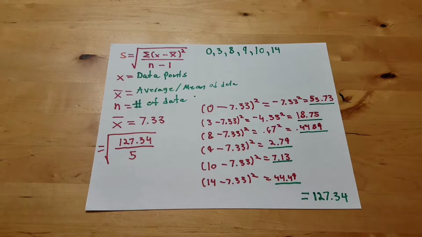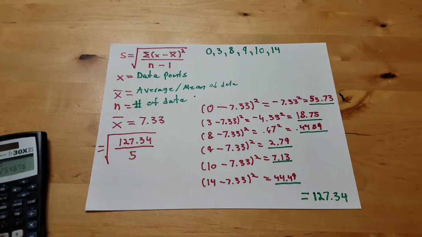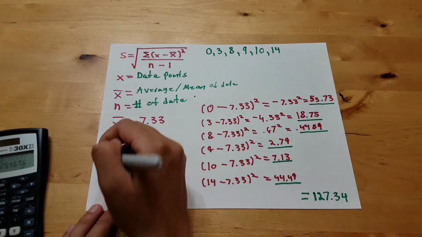So now that we have 127.34, you want to divide that by 5, or for some of you it may be 6, but divide it by 5 and we get 25.46.